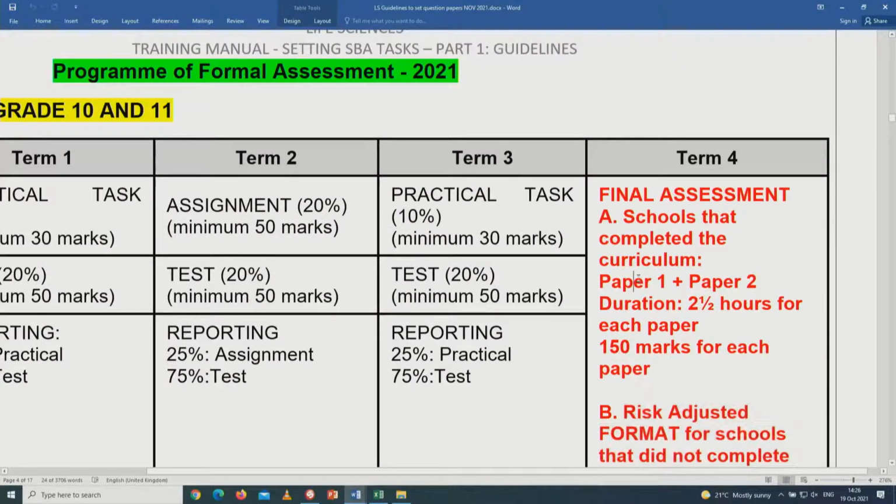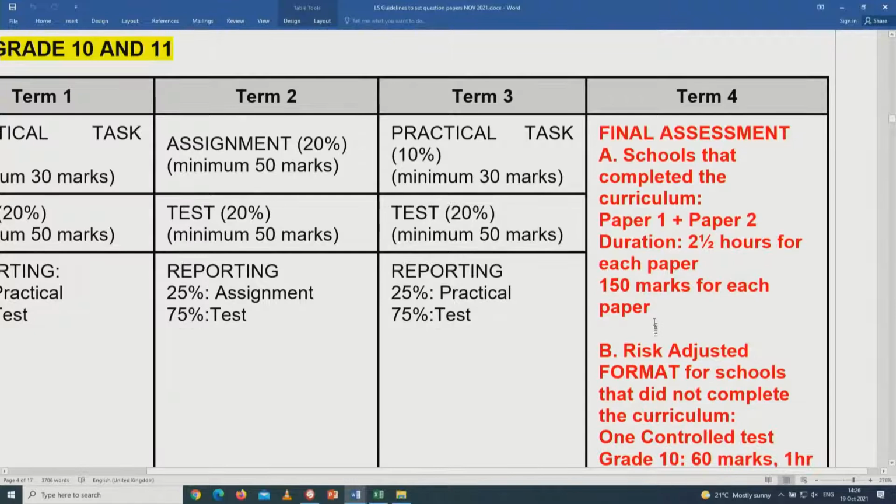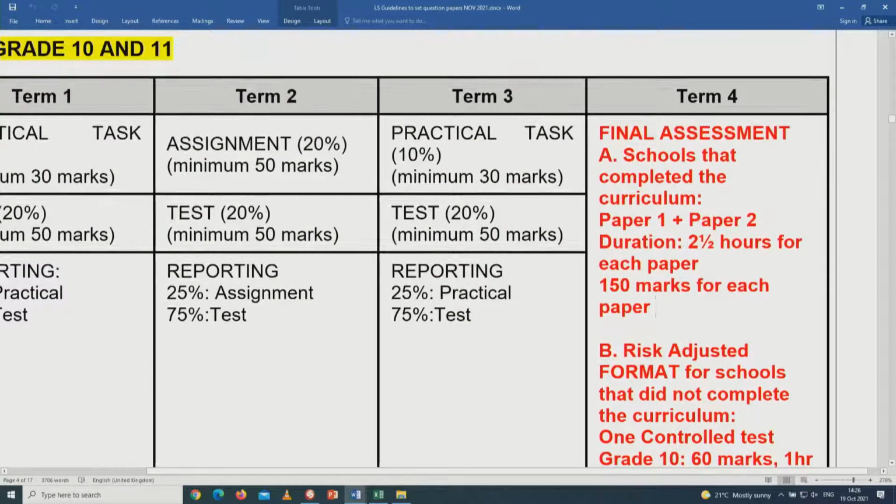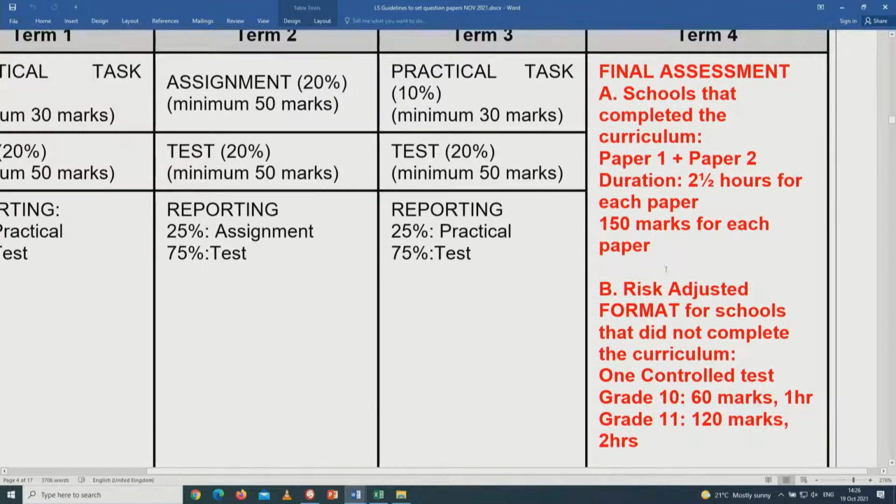If you go this route, full papers, then the school will adapt itself so that maybe on the first date, if you use the common dates, of course, you will write paper 1 of both grade 10 and 11, and on the second date, paper 2 of grade 10 and 11. But that is up to the decision of the school management team and the schools themselves.